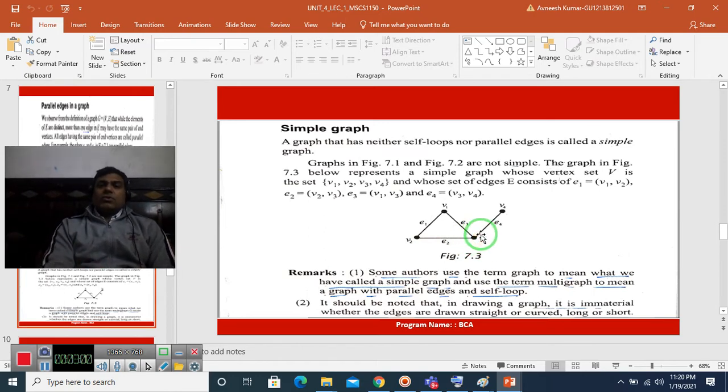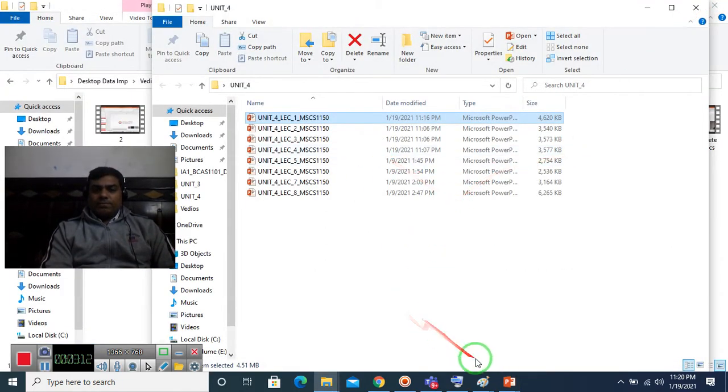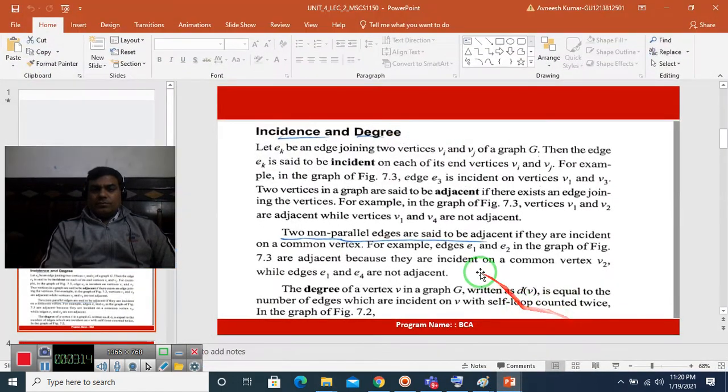So b3 is common, but b2 and b1 and b3 and b4 are not, because they don't have any vertex in common. So they are saying that b1 and b2 are adjacent, b1 and b4 are not adjacent.